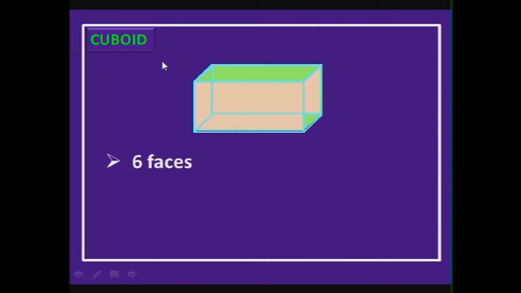Now, of these 6 faces, 4 faces are called the lateral surfaces. Which are the lateral surfaces? Except the bottom and the top. If you remove this bottom and top surfaces, that is this green part and this green part, this is the bottom one and this is the top one, then the remaining 4 faces are called lateral surfaces.